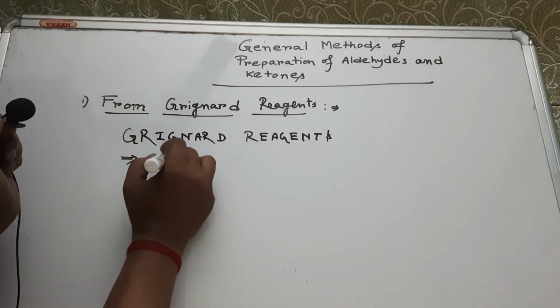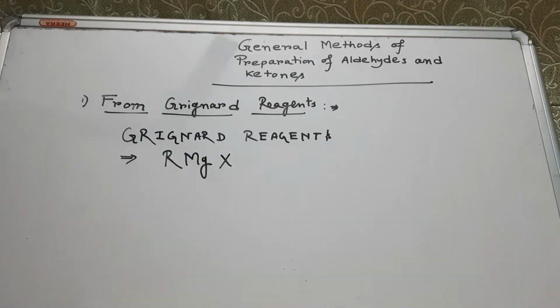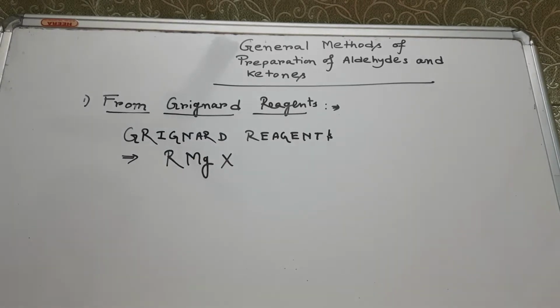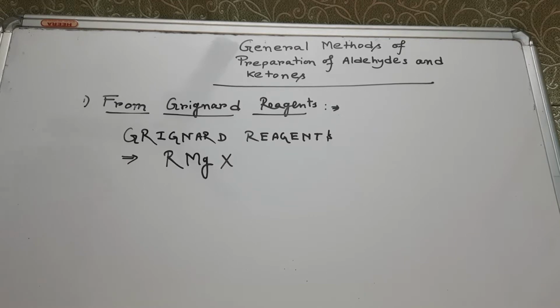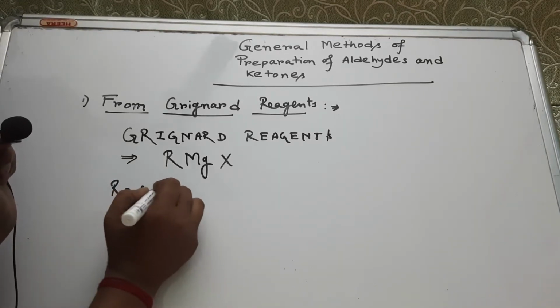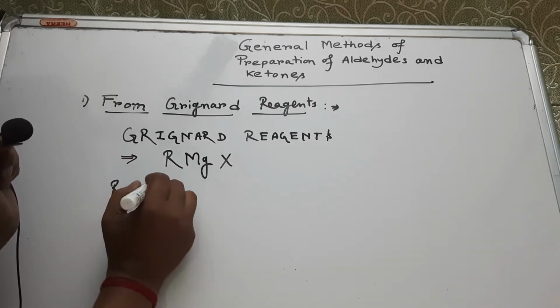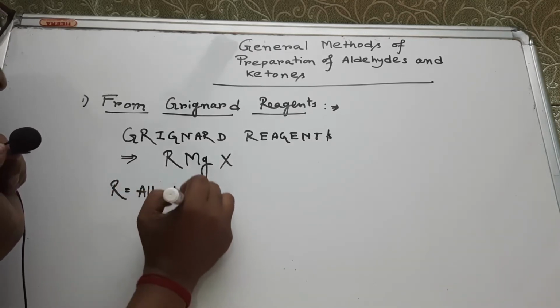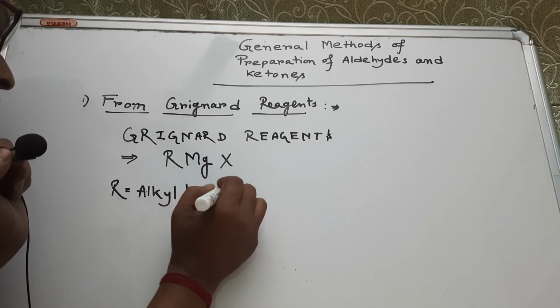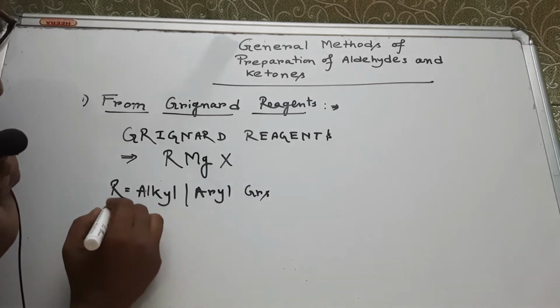Grignard reagent means RMgX. This is the Grignard reagent. So, what is RMgX? R may be an alkyl group or an aryl group. And what is X?